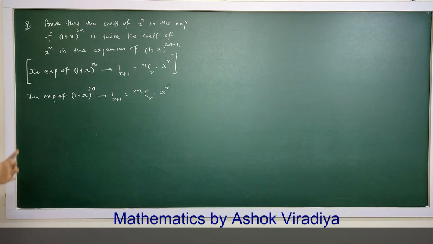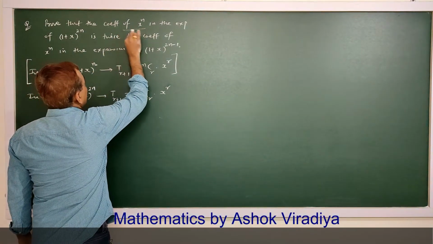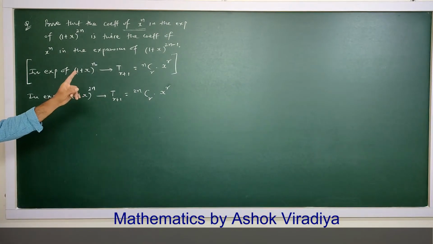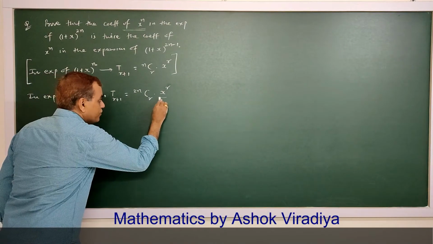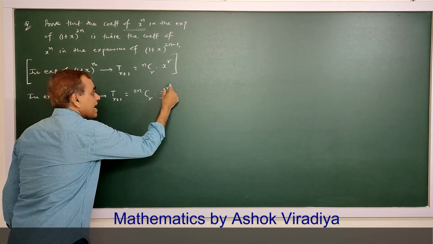Now in (1 plus x) raised to 2n, we want the coefficient of x raised to n. So what we do? To have the coefficient of x raised to n, we want here n.